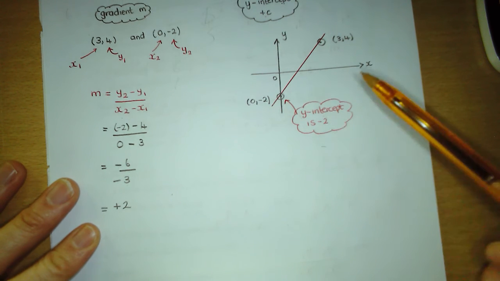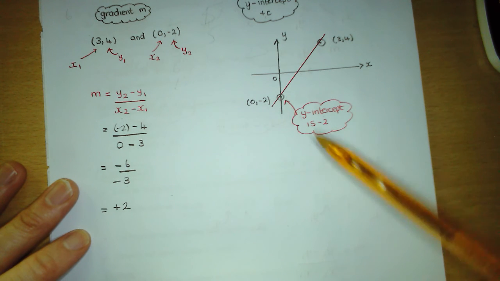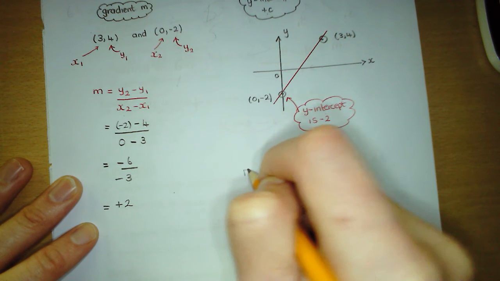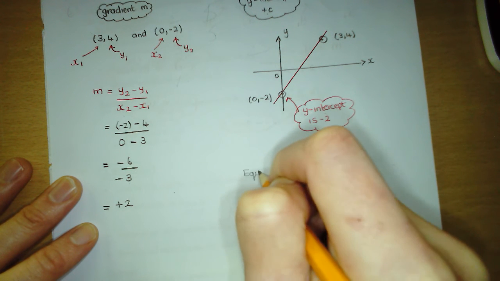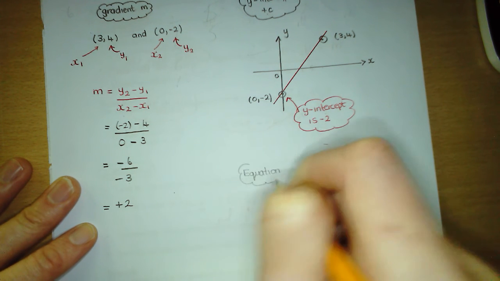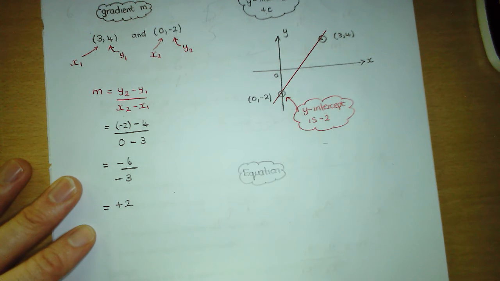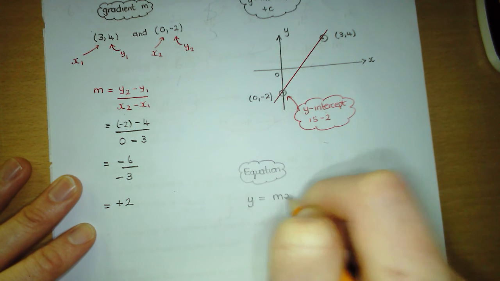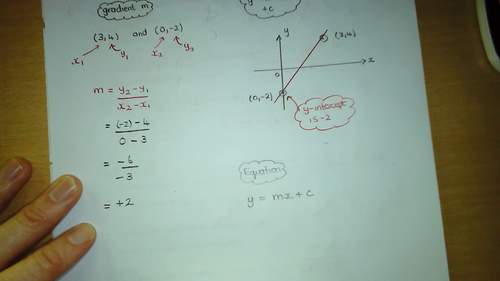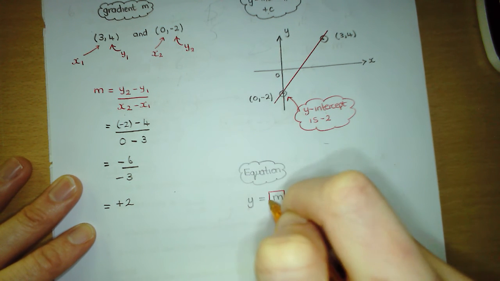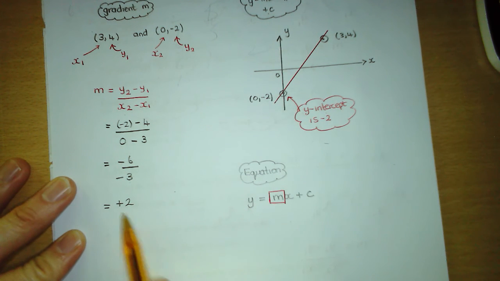So here's the good news. We've got the gradient of the line, we've got the y-intercept of the line. Now we can get the equation of the line. So our next little title, equation. And then we're going to write down the general equation for any straight line, y equals mx plus c. And all we're doing is we're going to replace the gradient m with what we calculated, plus 2.